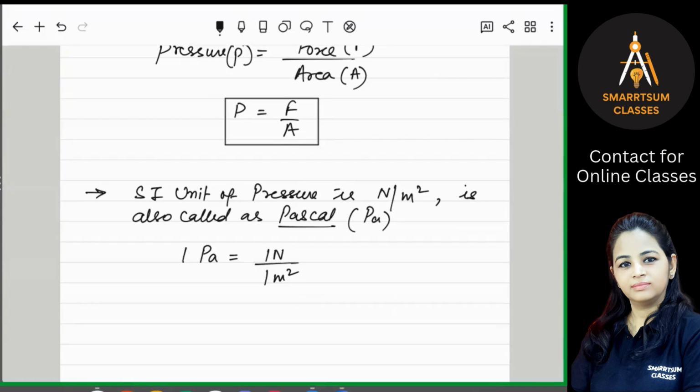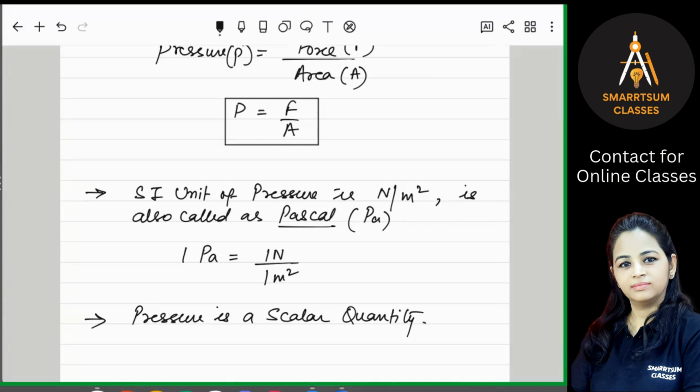So pressure is a scalar quantity. So write down, pressure is a scalar quantity. It does not have any direction, right? Force is a vector quantity, but pressure is a scalar quantity.